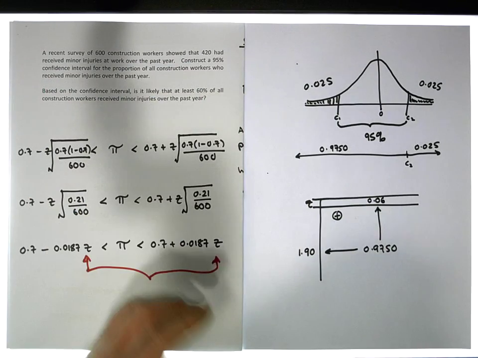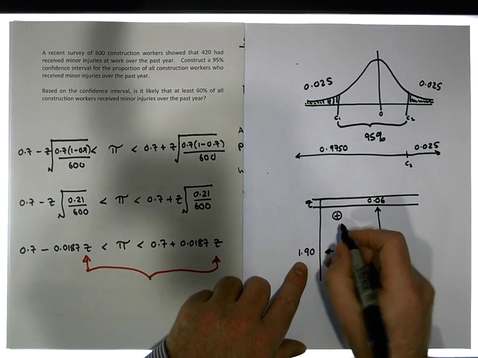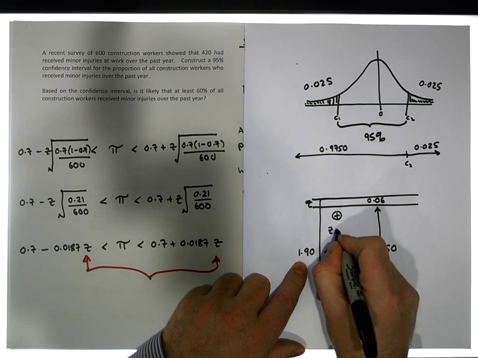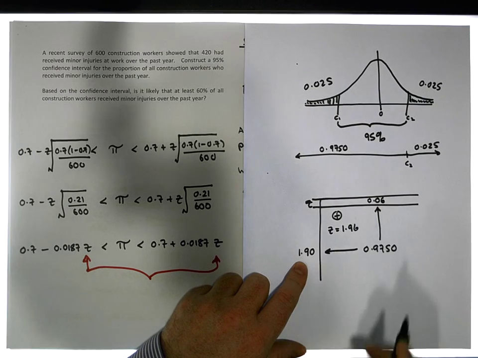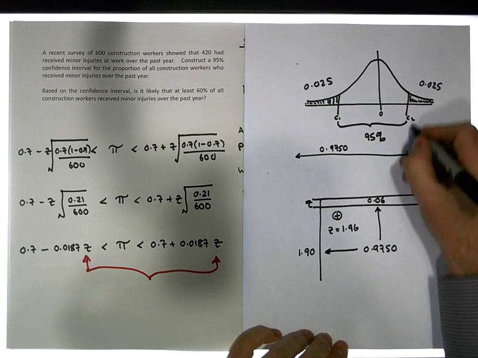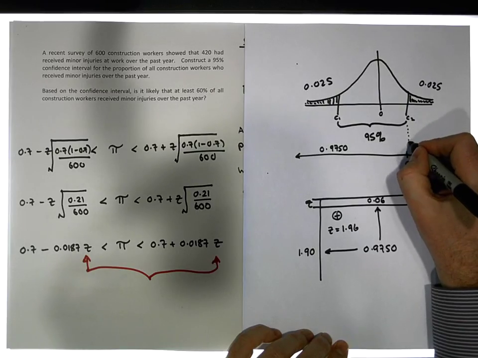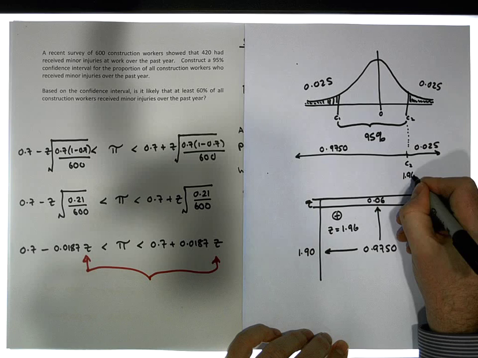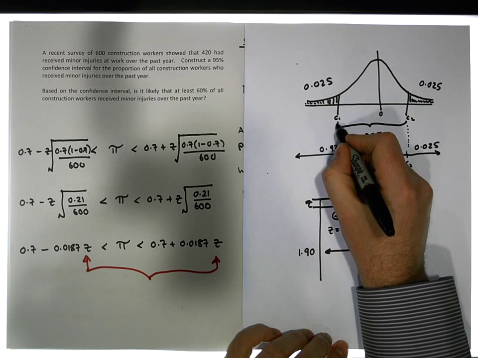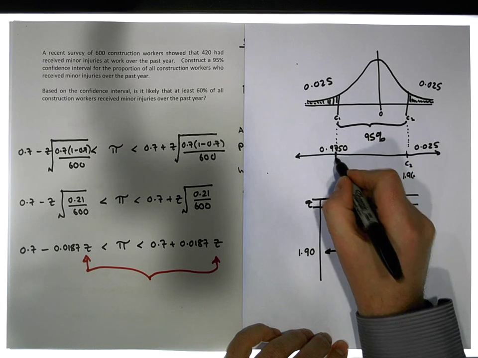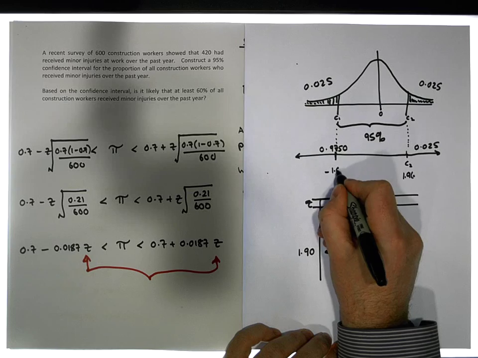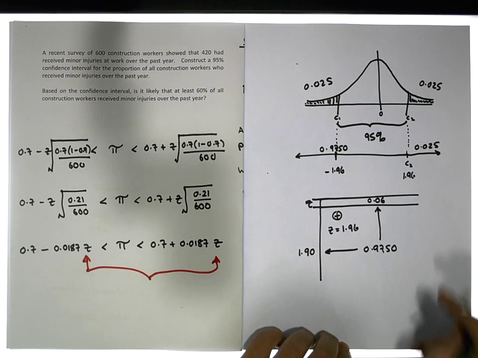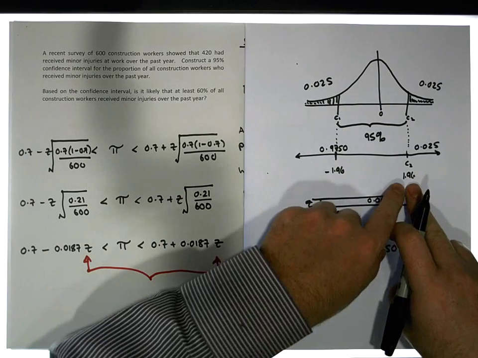So what we know now is this, is when we add these two things together, we end up with the Z is equal to 1.96. In other words, this value right here, okay, is 1.96. Okay, which means that this value over here must be minus 1.96, if that makes sense. But either way, our Z score is 1.96.